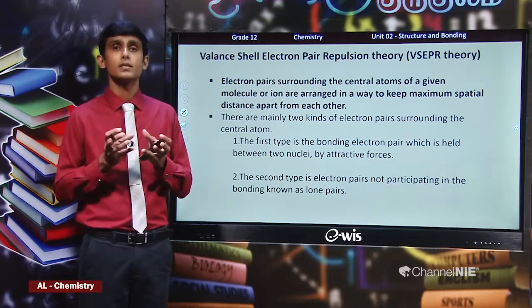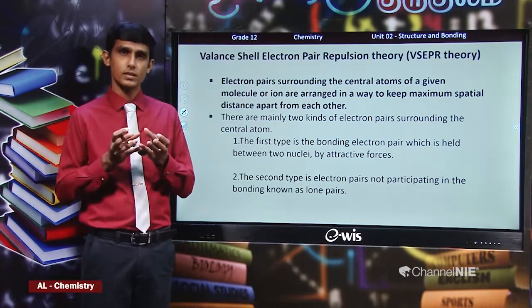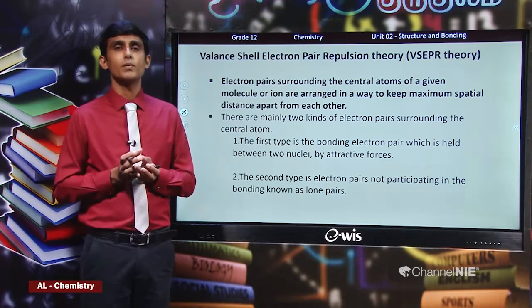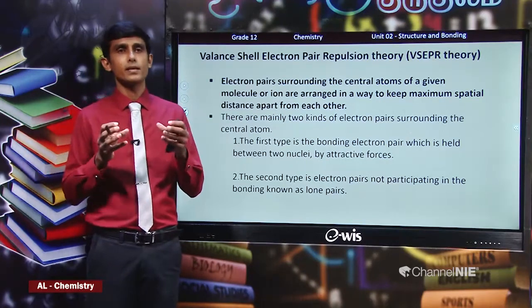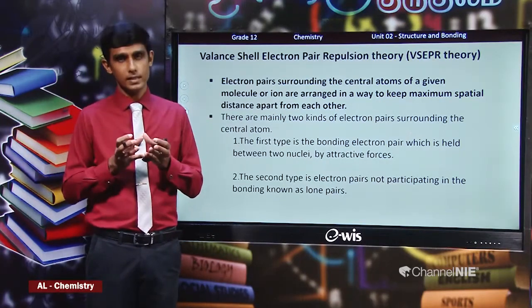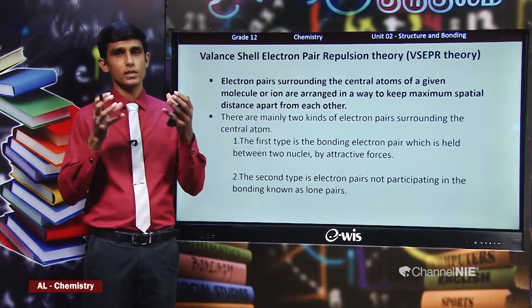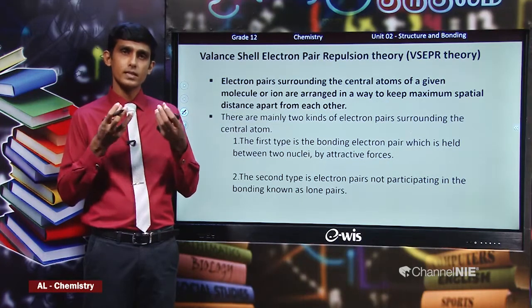That minimum repulsive arrangement of a particular molecule or ion is the shape that it acquires in space.